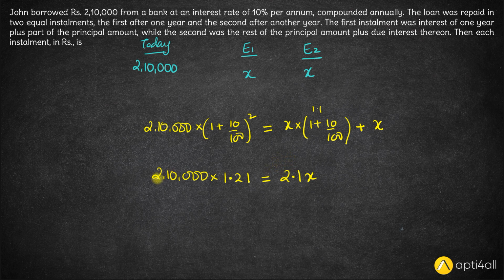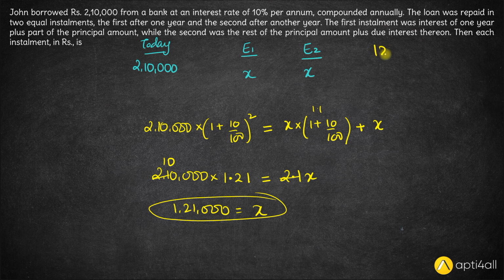Now 21 goes by 2.1 ten times, so this becomes 10,0,000, effectively 1 lakh. 1 lakh into 1.21 is 1,21,000, which comes out to be X. So the equal installment comes out to be 1,21,000. This is the answer: each installment is worth 1,21,000.